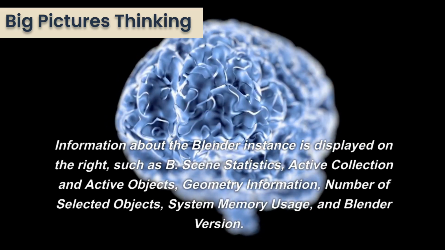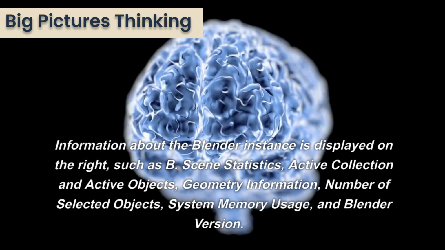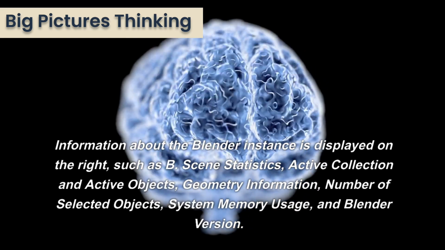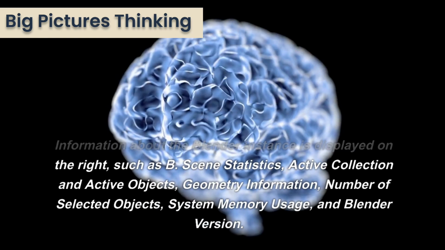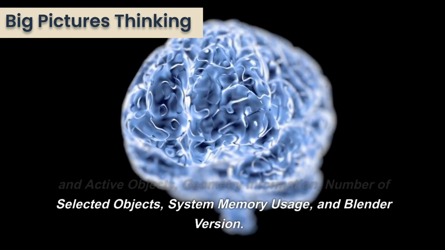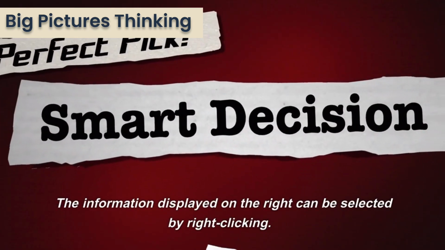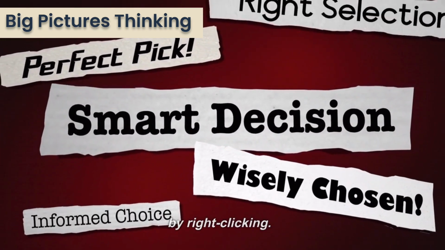Information about the Blender instance is displayed on the right, such as scene statistics, active collection, and active objects, geometry information, number of selected objects, system memory usage, and Blender version. The information displayed on the right can be selected by right-clicking.